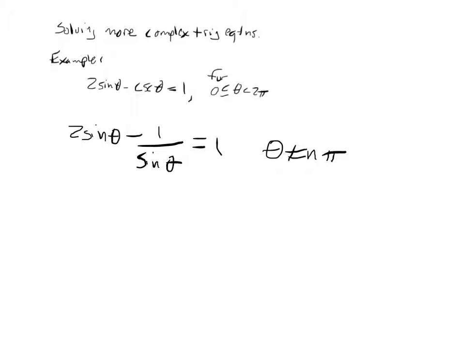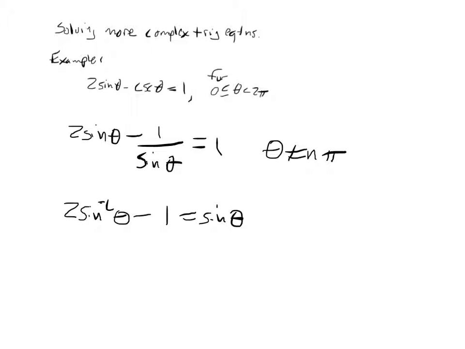So now I look and say, well, let me clear denominators here. Let me go ahead and multiply both sides by sine theta, because then that's going to clear a denominator. It also, as you can see, is going to give me a quadratic expression when I multiply both sides by sine theta. So we get 2 sine squared theta minus 1 equals sine theta.